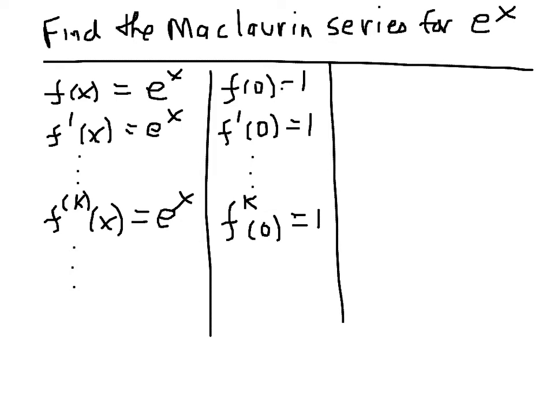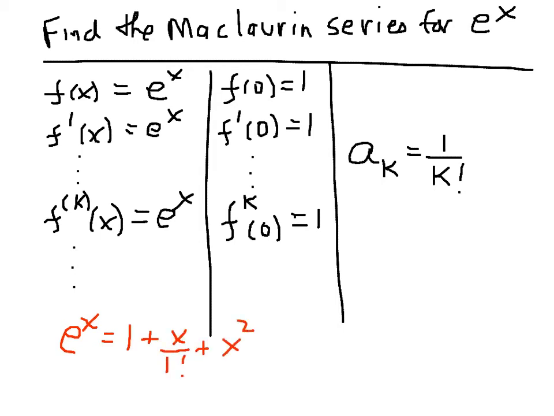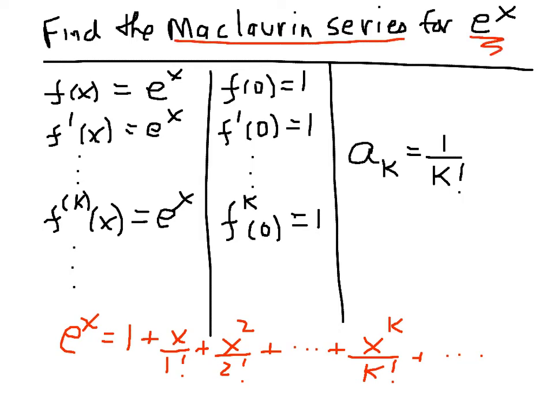So therefore our formula tells us simply that a sub k is equal to 1 over k factorial. Therefore e to the x is equal to 1 plus x over 1 factorial plus x squared over 2 factorial. We always want to write the general term, x to the k over k factorial, and so on. So it's that easy, believe it or not, to get the Maclaurin series for e to the x. Got it?